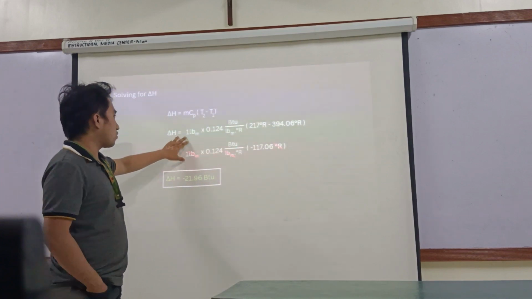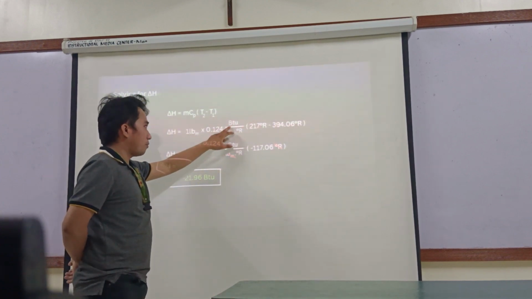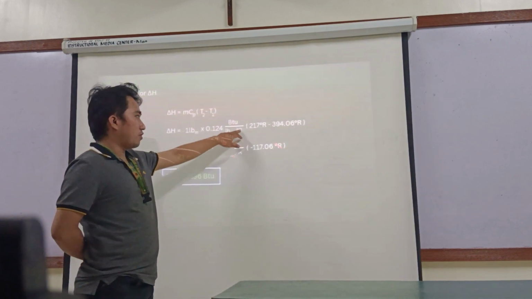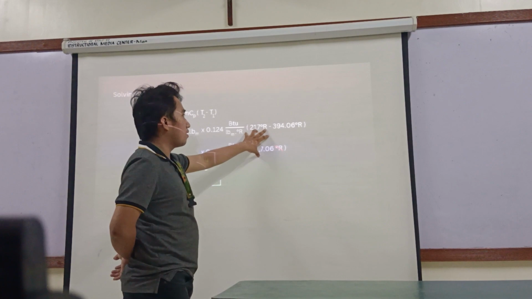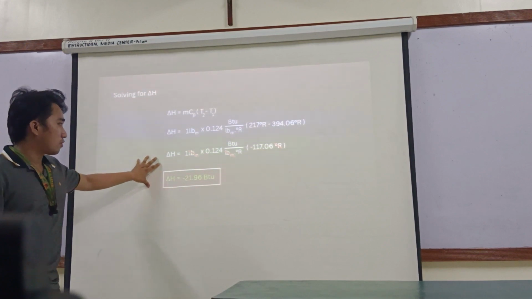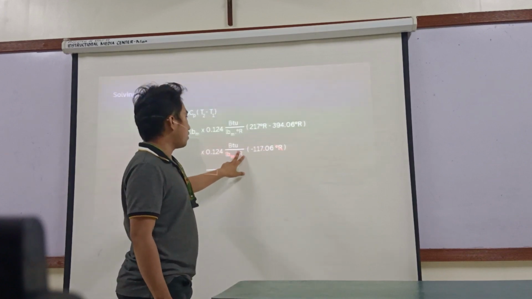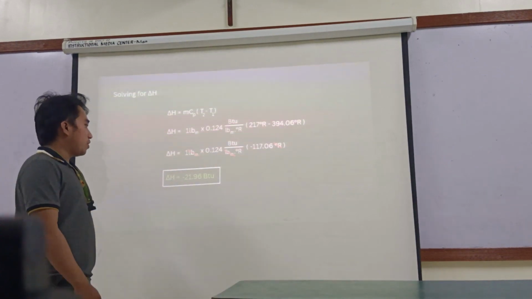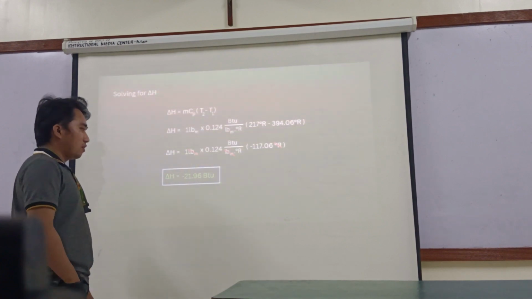Change of enthalpy is equal to 1 pound mass times 0.124 British thermal unit per pound mass degree Rankine, and final temperature 217 degree Rankine minus 394.06 degree Rankine. So the cancellation of units, cancel the pound mass, cancel the degree Rankine. So we have now the answer in BTU, British thermal unit, negative 21.96 British thermal unit.